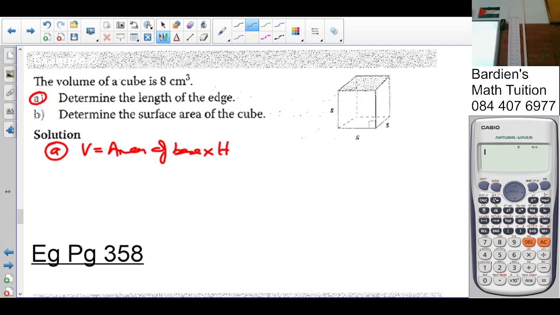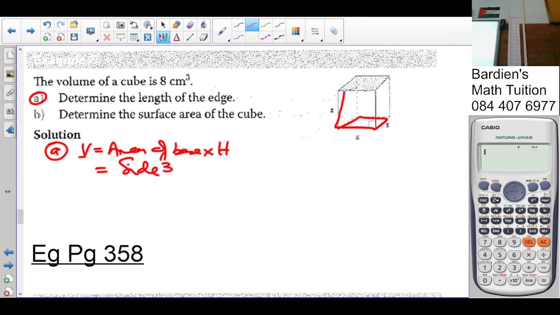Now, what type of shape is this base? The square base. How do you calculate the area of a square? Side times side, or side squared, times the height, which is also a side. So in other words, this is the same as saying side cubed. So it will be side cubed is the volume.